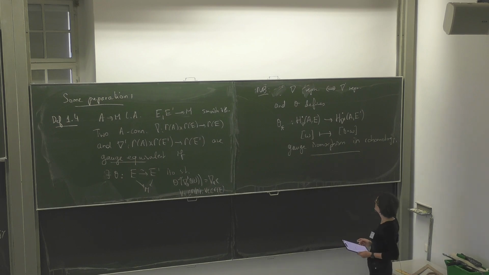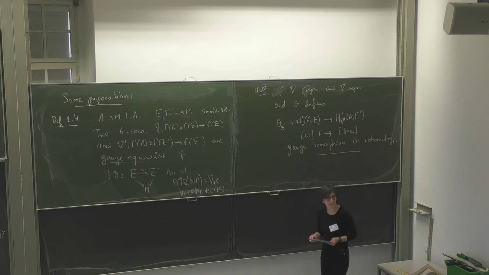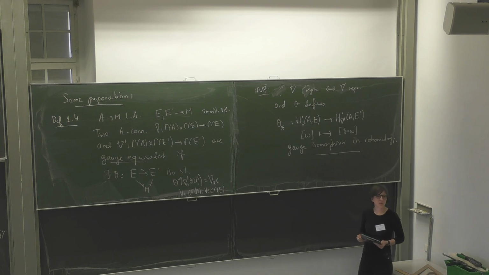Is it simple to say what H0 of nabla, A, E is in general? Covariant constant sections. Actually, I'll tell you later, we were a bit surprised last week and we didn't solve it yet, so it can be really strange. No, H0 should be the covariant constant sections, nabla e equals 0.